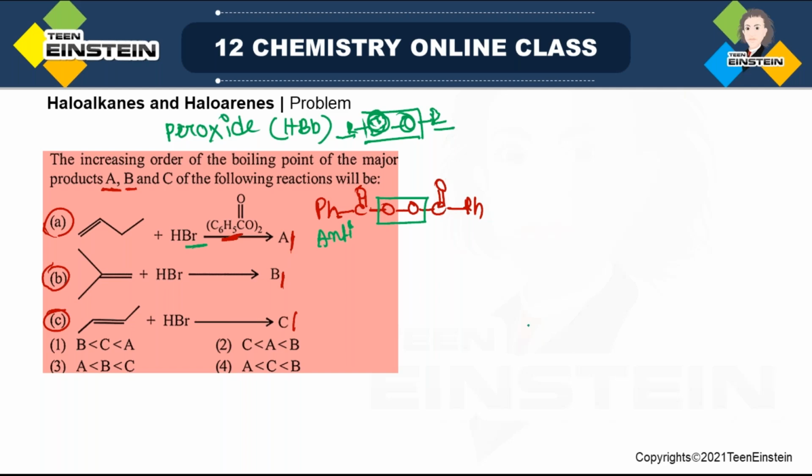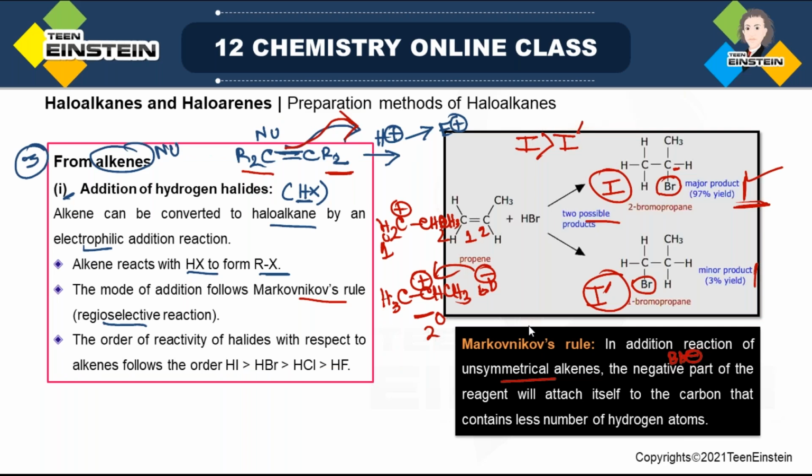So in the previous slide, just see, suppose this propene, if you take the molecule again, H2C double bond CH, this is propene, and here we are adding HBr. You are getting one as the major product.